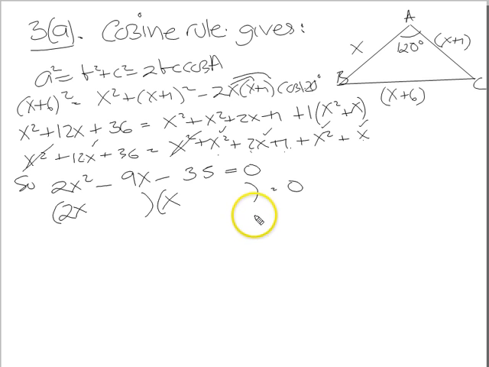Now 35 is 7 fives, isn't it? That's good, because 7 twos are 14, and 1 five is 5, and the difference between 14 and 5 is 9, which is what we want. So I reckon we should try the 7 here. Because the 9 is minus, we should put a minus, and the 5 here, and try that.